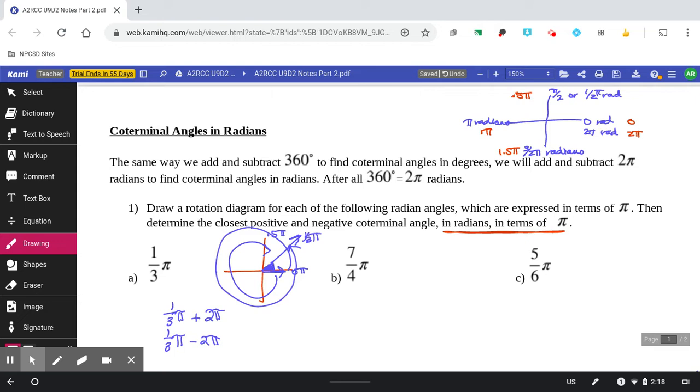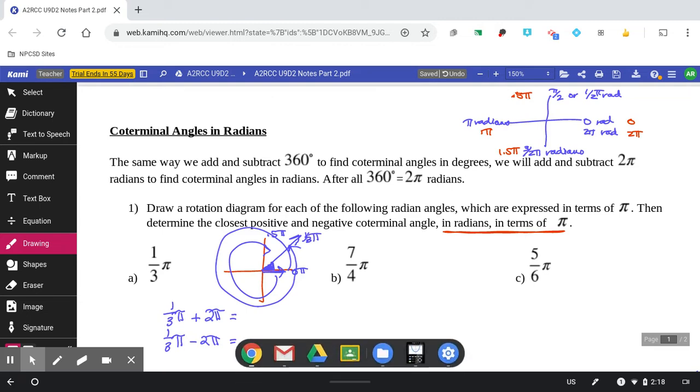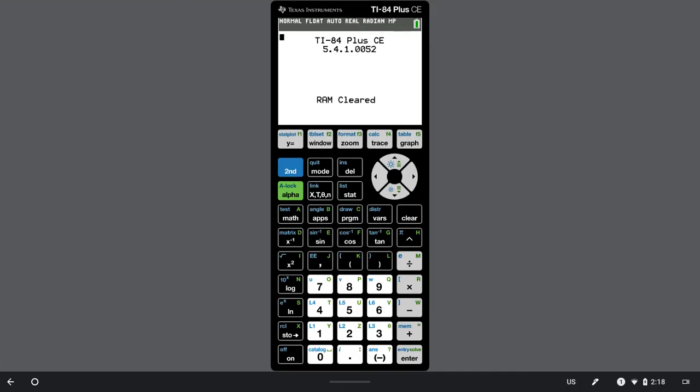So this would be the same as 1/3 x plus 2x. So in your calculator, you would go ahead and just add 1/3 plus 2, and it would be better if you used your fraction bar, because it would keep it in fraction mode.